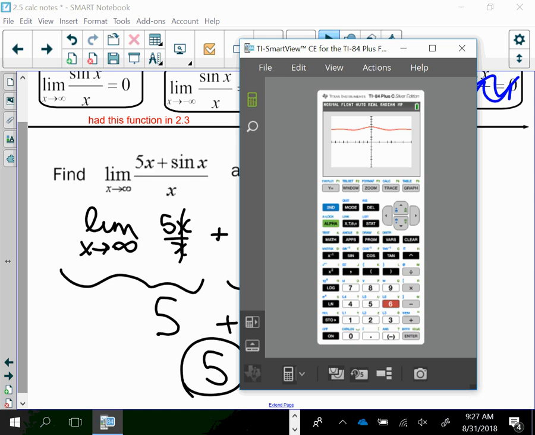But you're approaching infinity, so over here, let's see what's in my table. I got 4.94 at 10, so let's try 100 now. Hopefully it'll be even closer to 5.